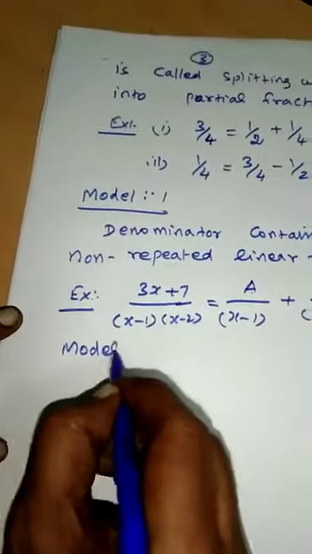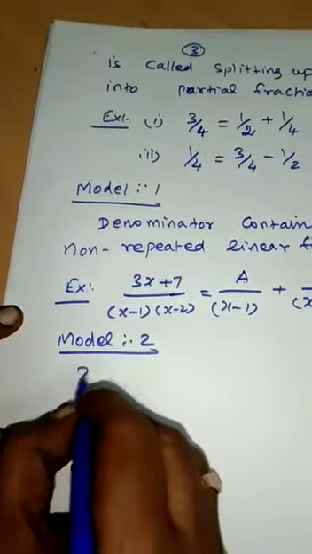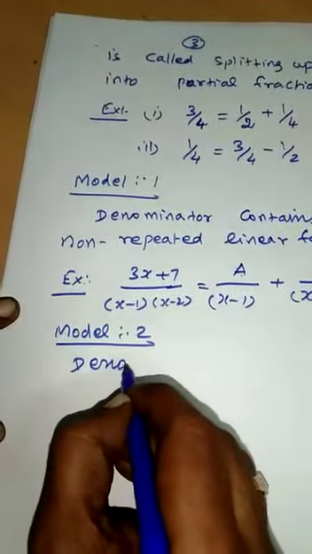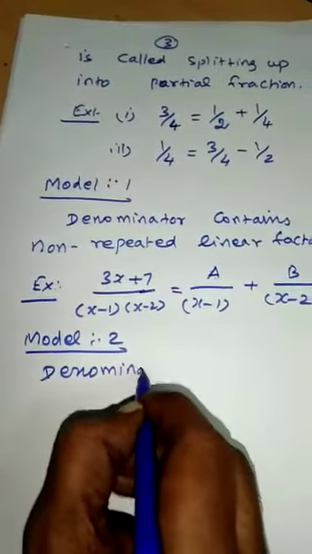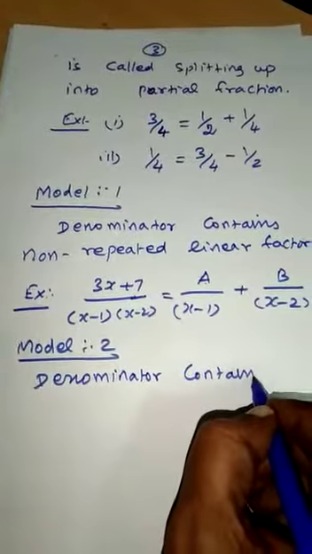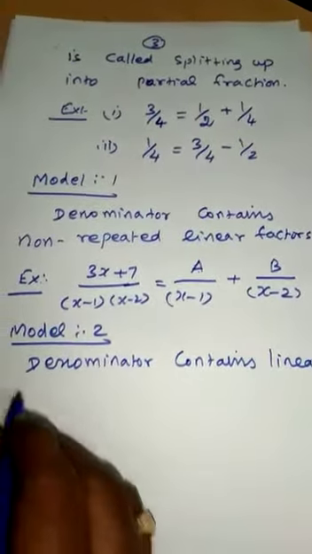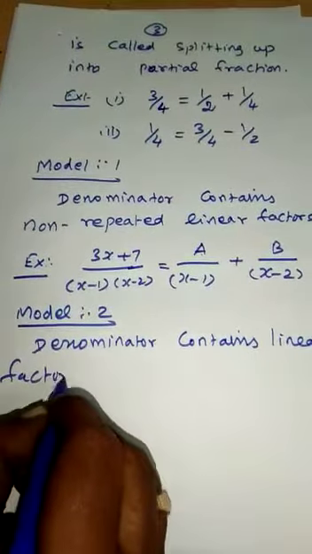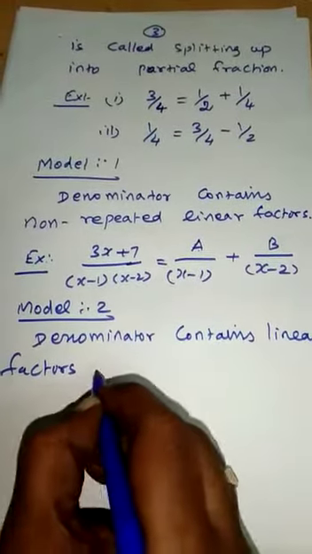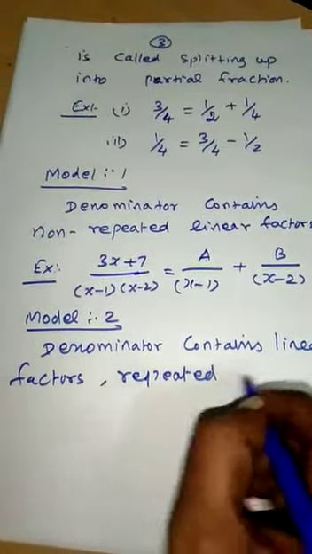Model 2. Denominator contains linear factors repeated n times.